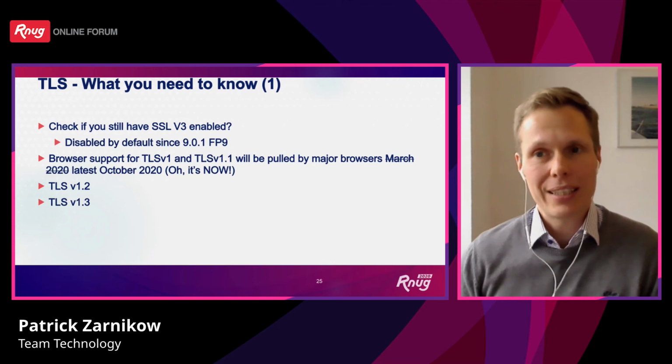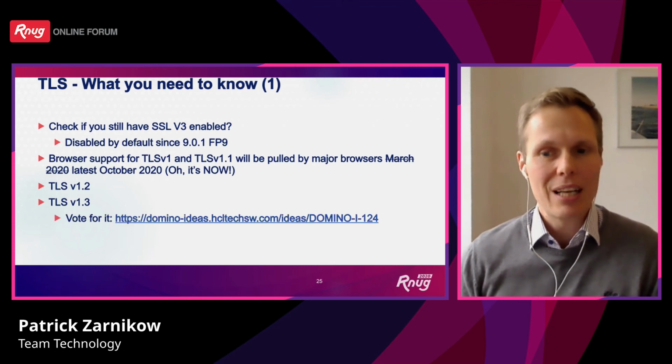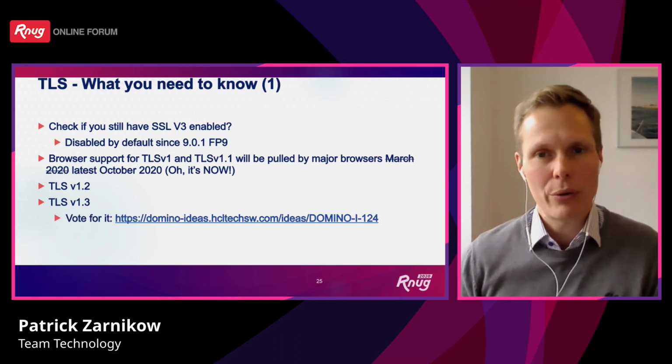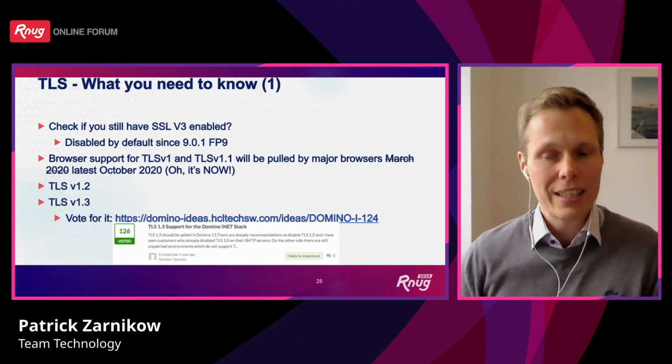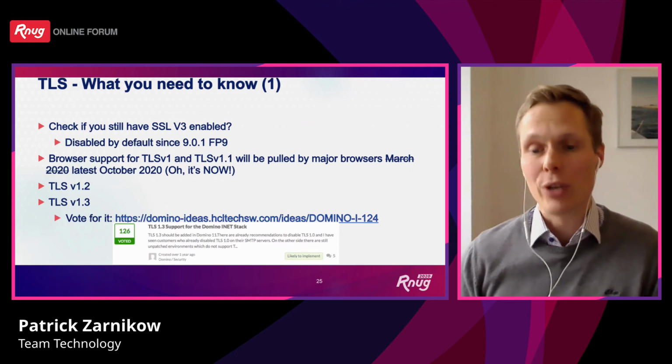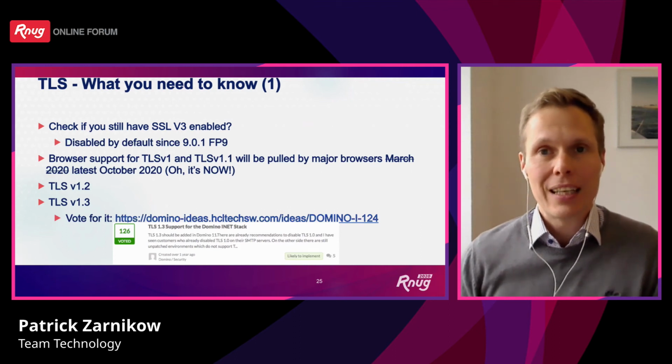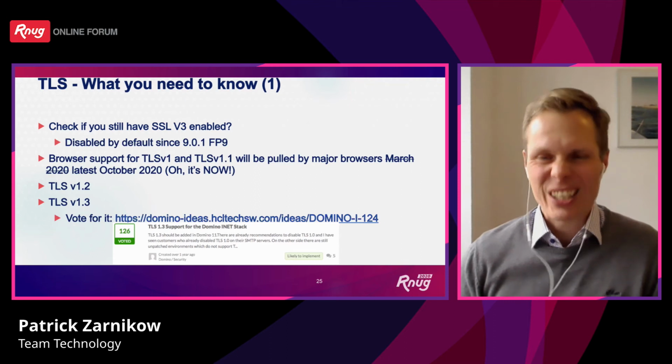TLS 1.3 is not around for Domino at the moment, but you still can vote for it on the HCL IDEA portal. When I looked at it the first time, I think it was around February this year, we had 126 votes for the TLS 1.3 support, and it says already likely to implement on the portal. This is good, but we actually need it right now.